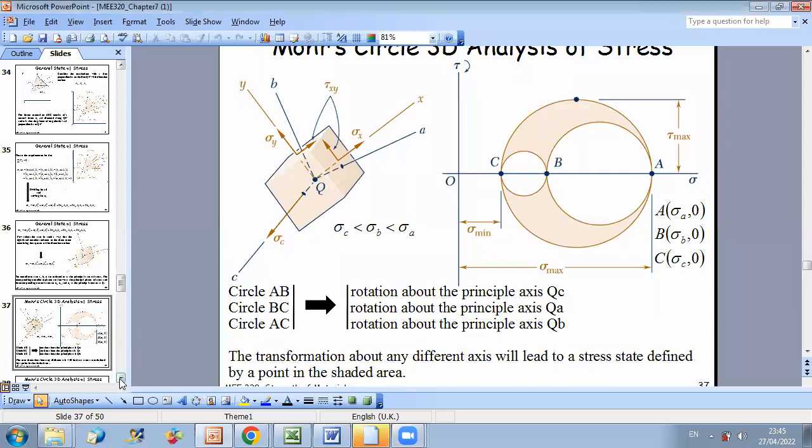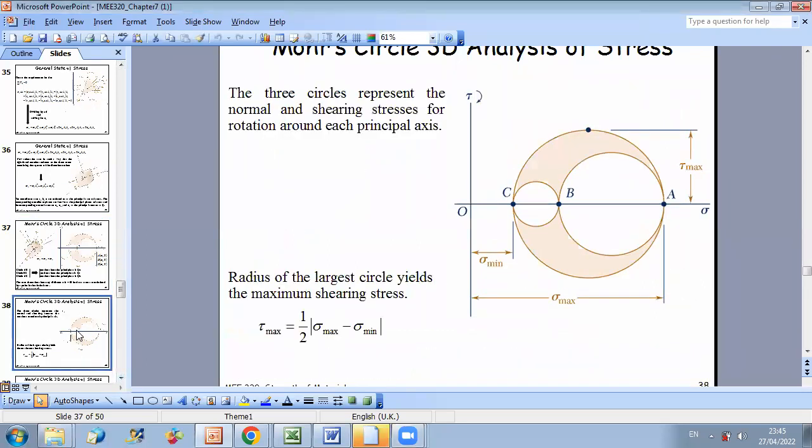Now, let us talk about the maximum shear stress. Since we have three circles, this means that for each circle, we have a certain maximum stress. For example, for circle AB, we can say that the radius of this circle corresponds to the maximum shear stress obtained if I rotate around axis QC, which is directed along the C direction.